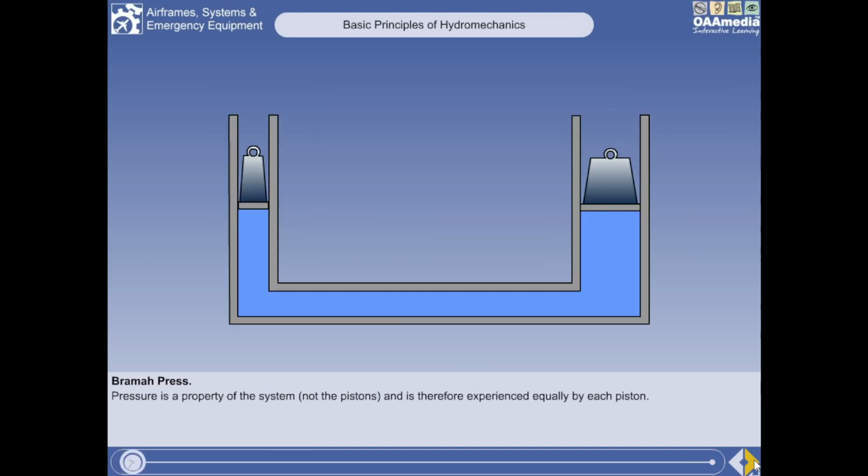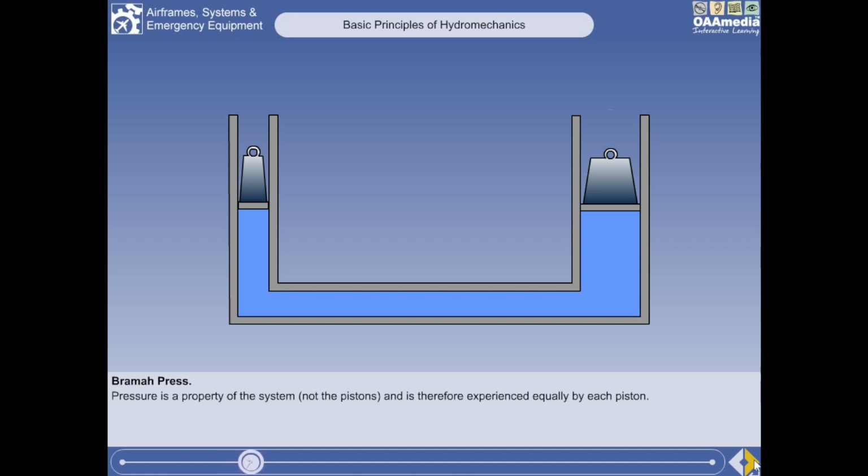A simple hydraulic system, such as that shown, consists of two different sized cylinders connected by a pipe. According to Pascal's law, pressure exerted on the smaller piston is transmitted through the fluid to act on the internal surface of the larger piston. Pressure is a property of the system, not the pistons, and is therefore experienced equally by each piston.